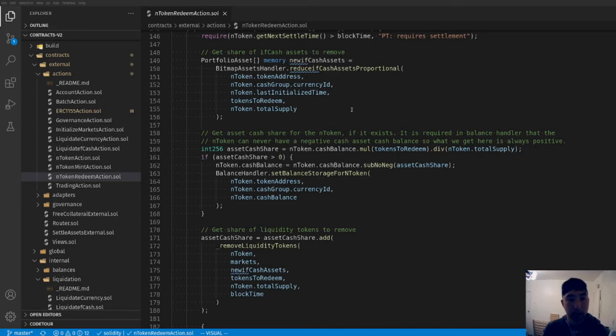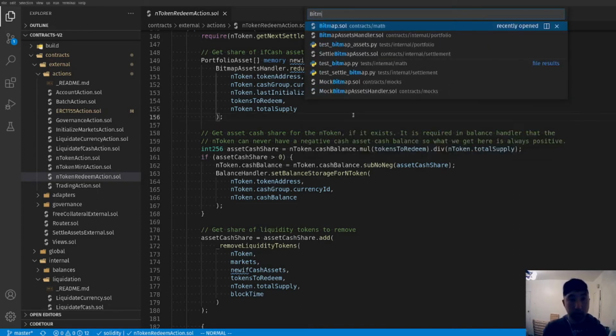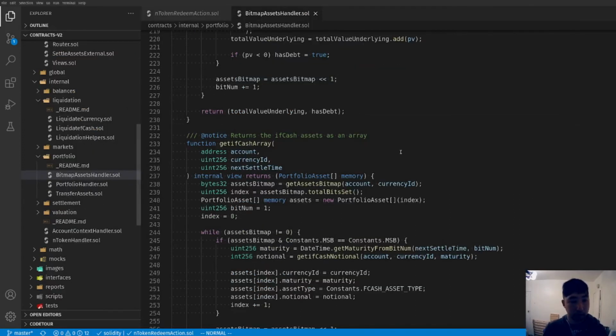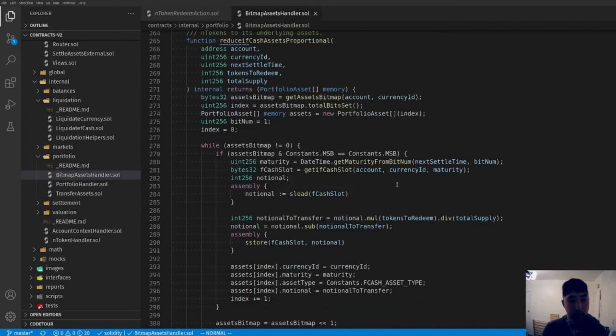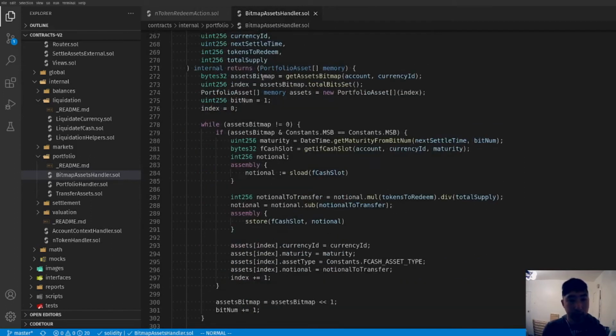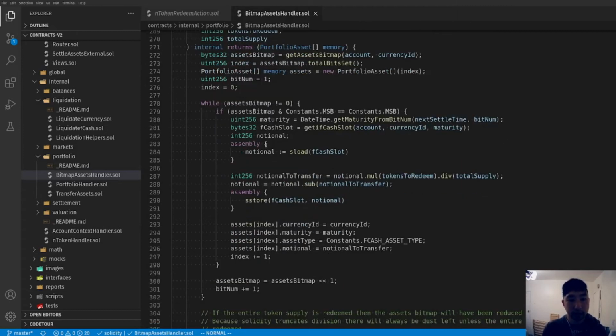This code is not too sophisticated. It really just loops through all the Fcash assets and loads them, determines what the proportional amount is, and then returns an array of these Fcash assets that need to go back into the account.